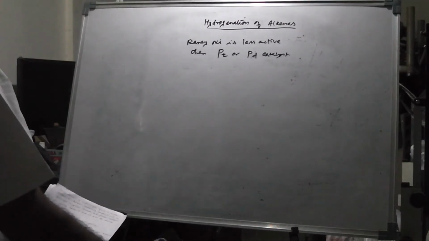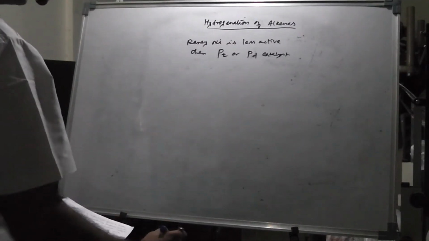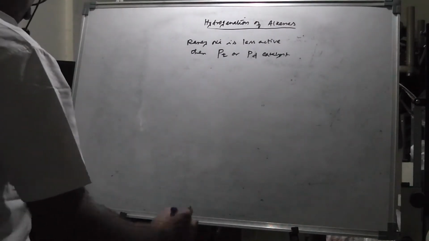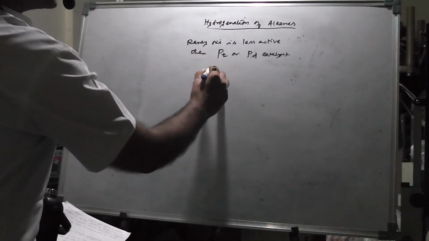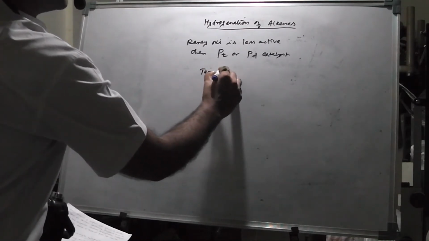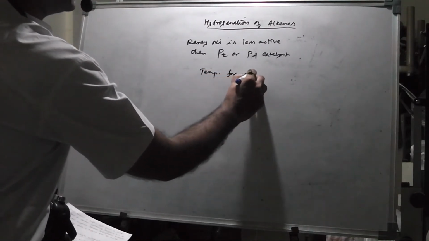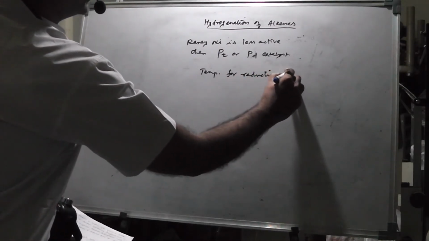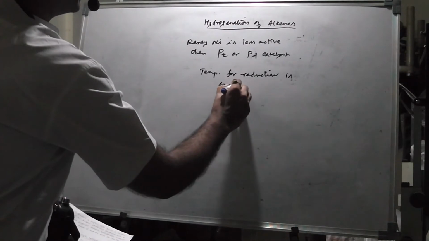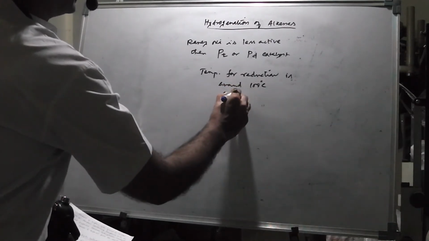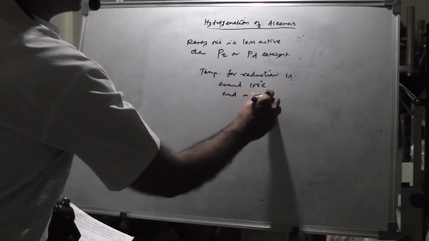But still, Raney nickel is used as a reducing agent. When it is used, the temperature for reduction is around 100 degrees centigrade and approximately 3 atmospheres pressure.